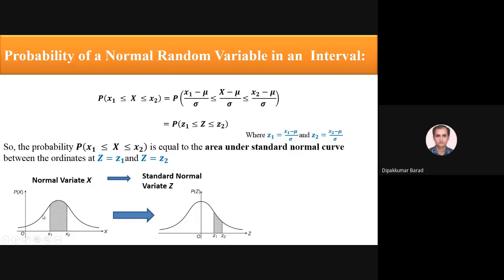Converting a normal variate to a standard normal variate, our graph has mu equal to 0, and this graph is symmetric along the y-axis. Before, the graph was symmetric along x equal to mu, but here we have mu equal to 0, and we get the graph of a standard normal curve which is symmetric along the y-axis.